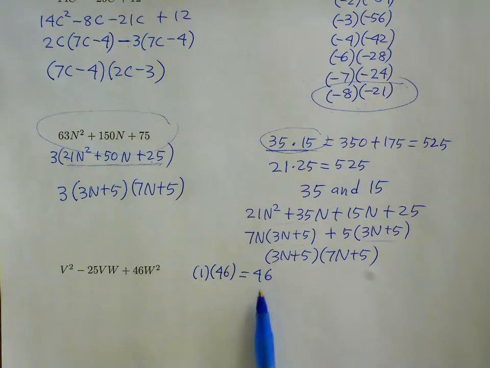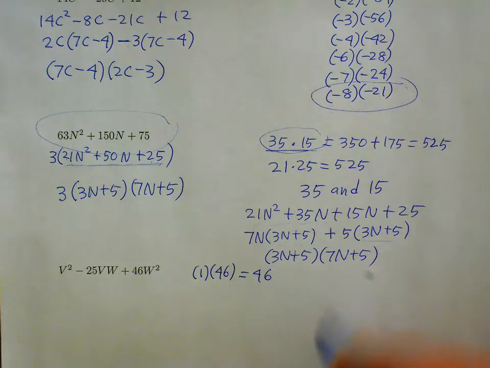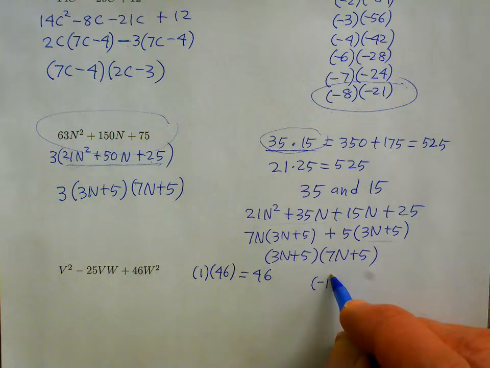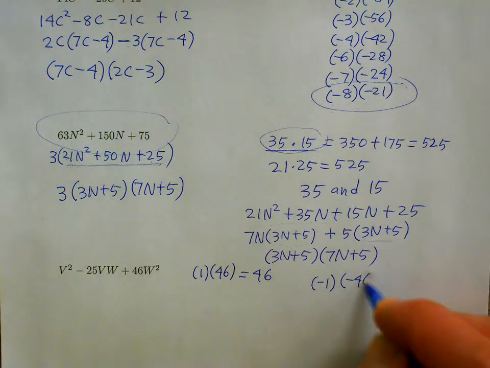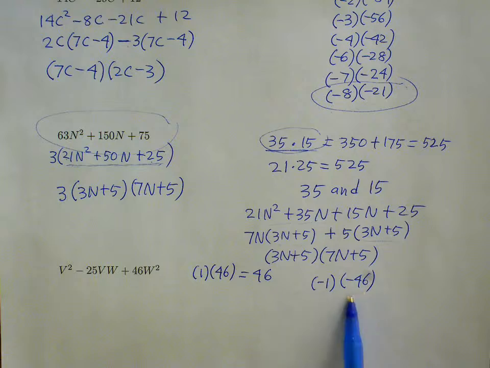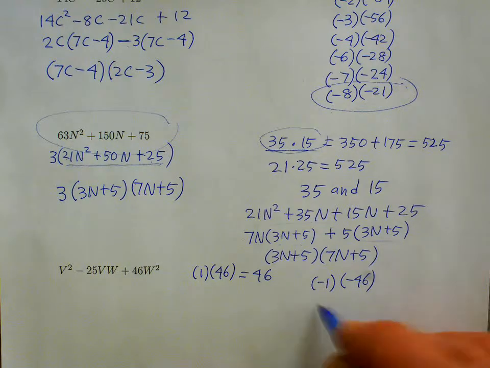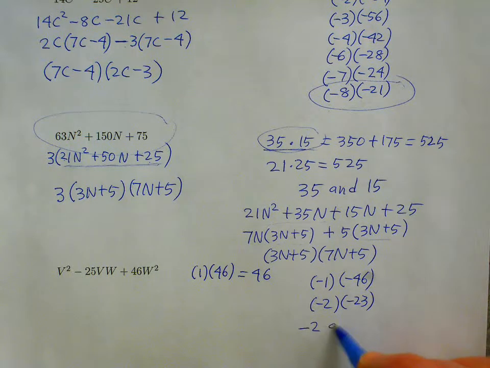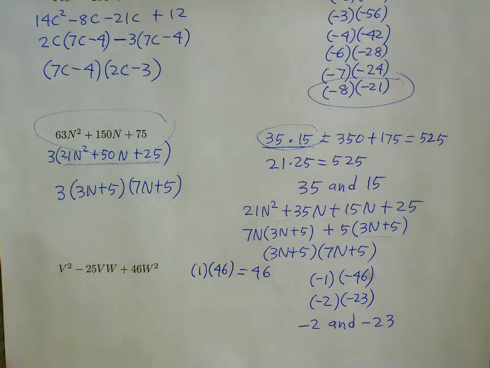If the product is positive and the sum is negative, they both must be negative. So this one won't take too long. If we start at the extremes, -1 times -46, those add up to -47. And then -2 times -23, those have a product of +46 and a sum of -25. So -2 and -23 are the two integers that we need for that one.